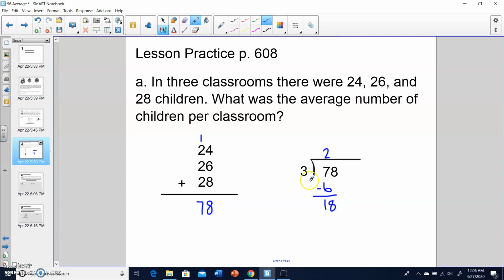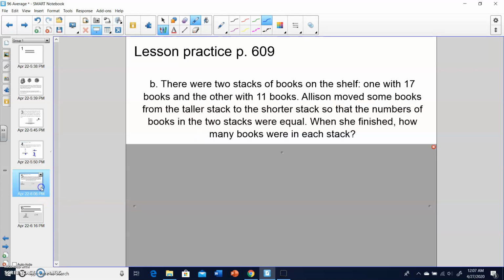Okay, 18 divided by 3 would be 6. 6 times 3 is 18, so I have nothing left behind. Okay, so what's the average number of children per classroom? 26 children. Okay, so first add them up, then divide by the number of groups.